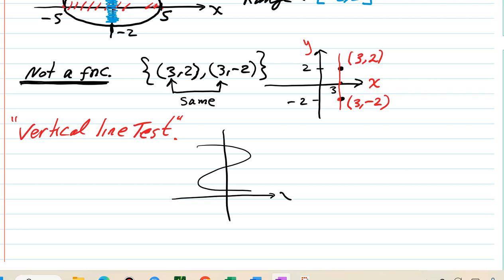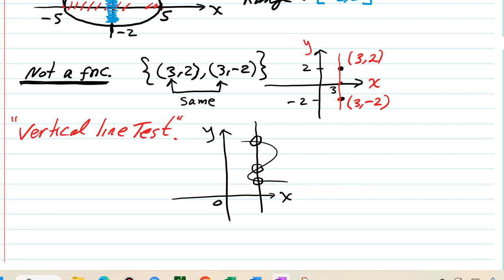So let's say here I have some graph, and if I draw a vertical line, well, now let me do this, because the y-axis was my vertical line, I want to just do something that's not there. This is again a relation, but this is not going to be a functional relationship between x and y, because I can draw the vertical line and you can see that the line drawn crosses the graph at not 2 but 3 points.